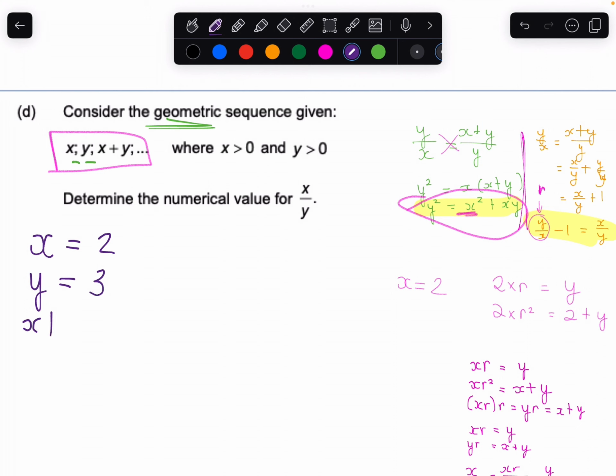So then x plus y is equal to 5. So let's see what this looks like as a sequence. So that's 2, 3, 5. How far are we from arriving at Nirvana? So that's 2 times 1.5, and that is 3 times 1.6 recurring. So almost, but not really.